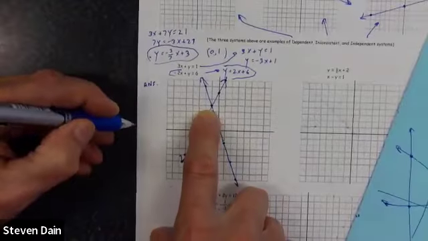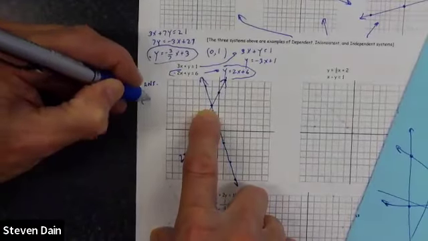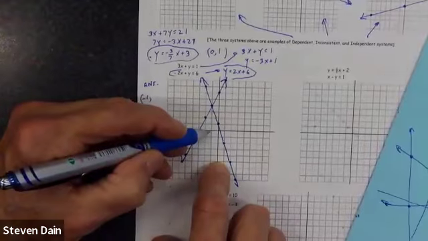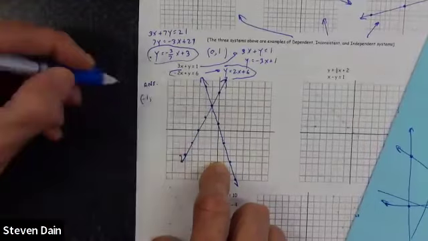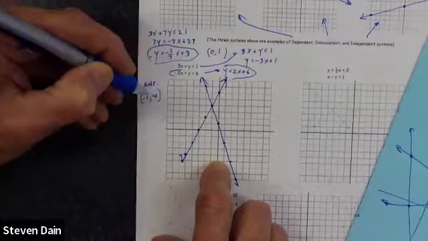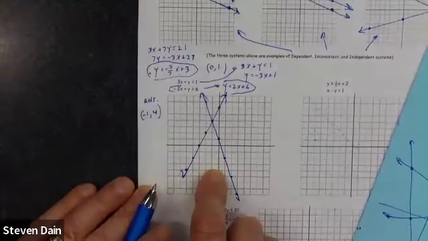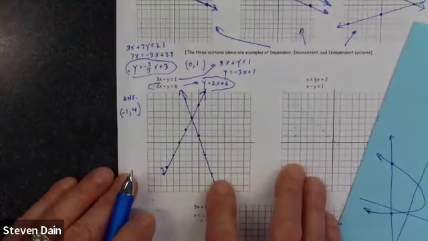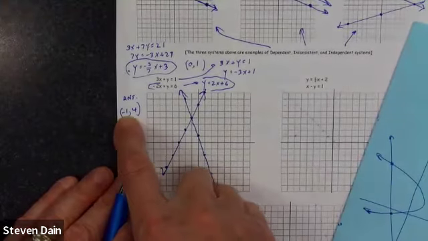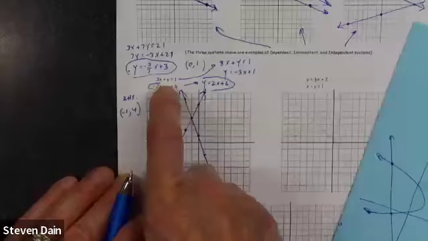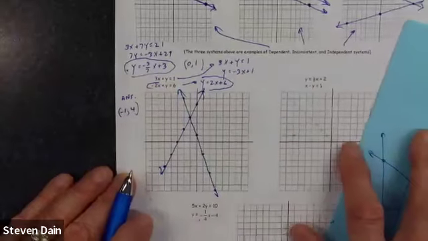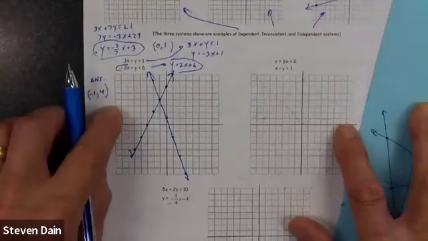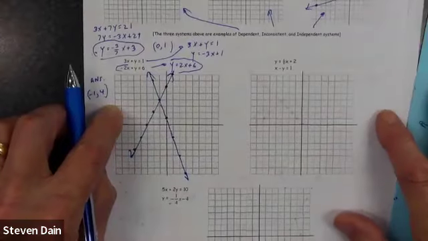It's -1 for x, and what's the y value? 1, 2, 3, 4. -1, 4. And if you plug these in for x and y, they should work in both equations. Any questions about that example?